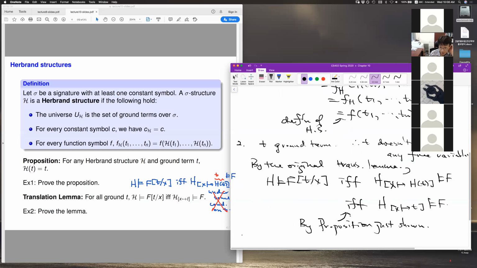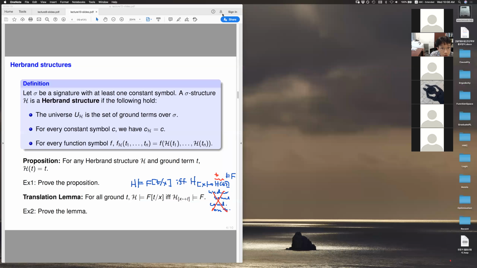So it just says that for a ground term and a Herbrand structure, the translation lemma has a simpler form. Both are not very surprising results, but they are quite convenient tools that we can use.